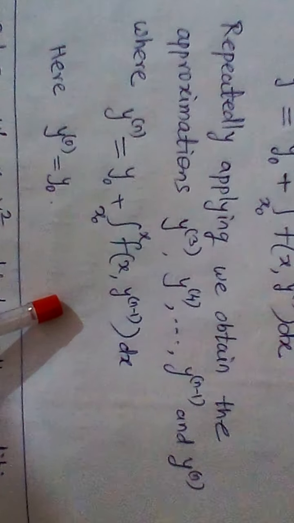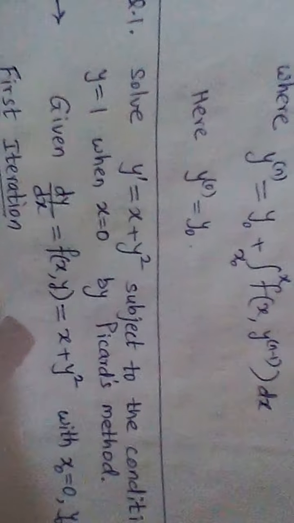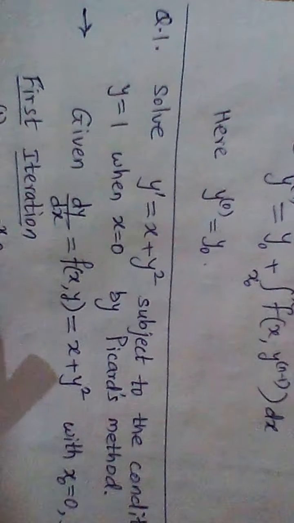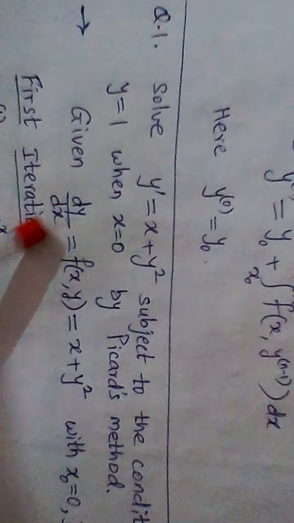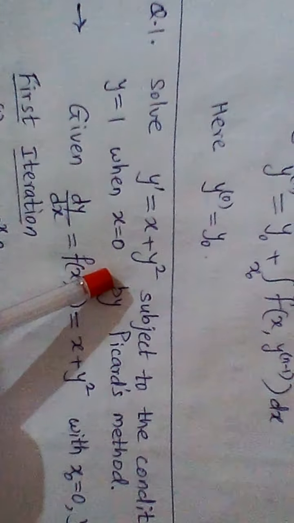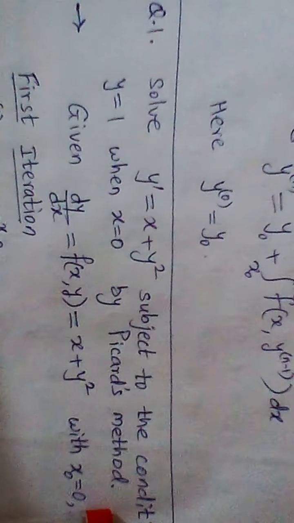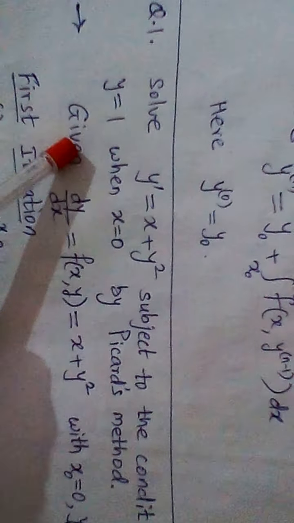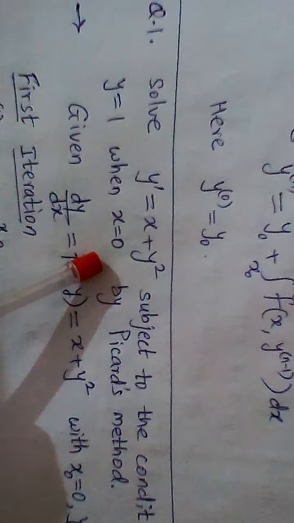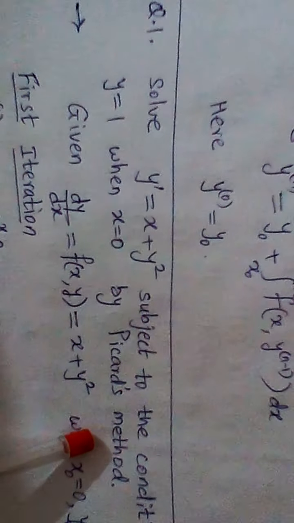Now let us try to solve a few examples based on Picard's method. So the very first question let us deal with. Question 1. Solve y dash is equal to x plus y square subject to the condition y equal to 1 when x equal to 0 by Picard's method.